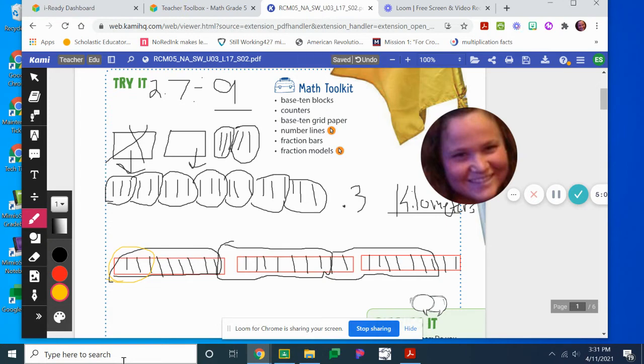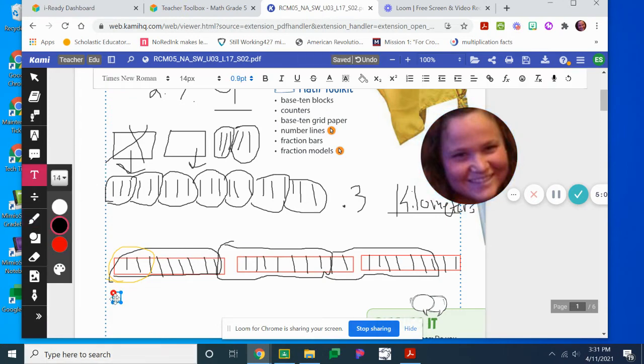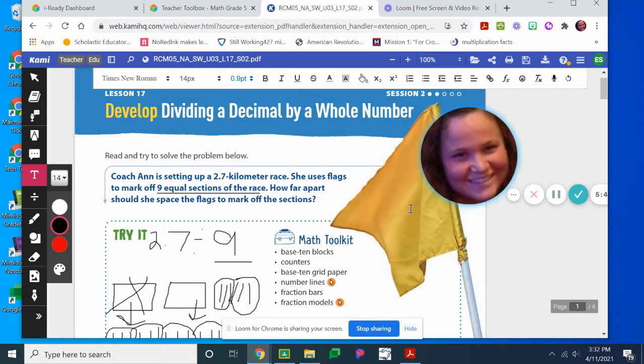So what I'm doing is I can count off the tenths into 9 sections with 3/10 in each group. The flags can be 0.3 kilometers apart.